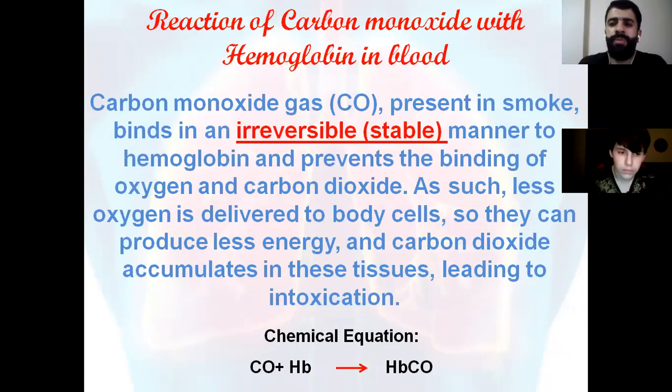One of the most important and most toxic reactions that occur inside our body is the reaction between carbon monoxide and hemoglobin. Carbon monoxide is mainly found in smoking, in cigarettes, and hubble bubble.